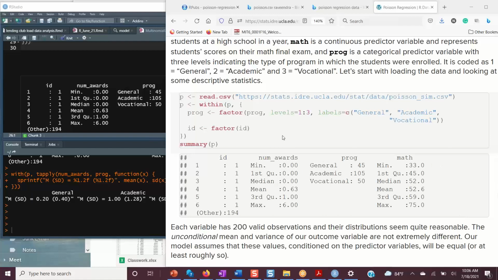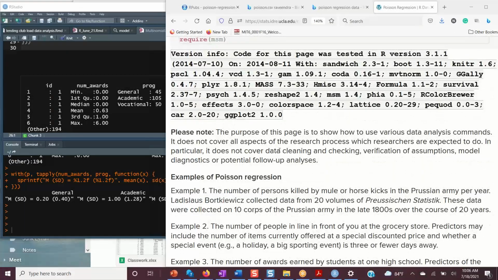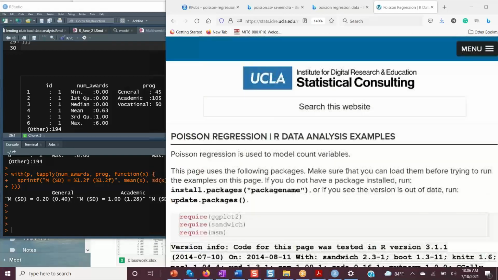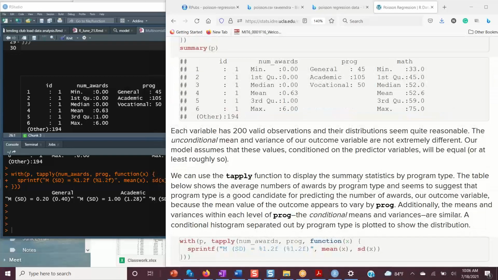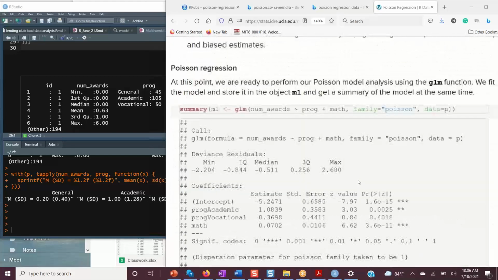So last example, just hang in there. I want to introduce you to more models within generalized linear models. You remember that for logistic, we usually use the link function equal to logit. That is the logistic function. So what we want to do now is change that link function.